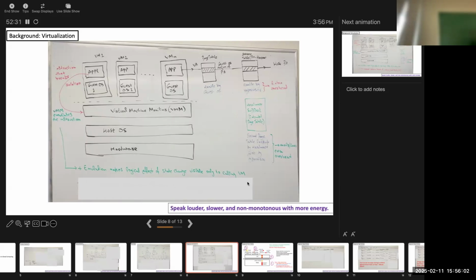And why does it do so? If they have their own separate LLC in emulated form, then all the data coming to my LLC will look like it is not affected by any other virtual machine, because every virtual machine has its own LLC.